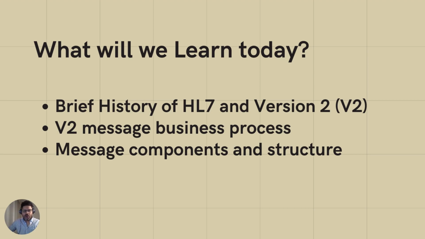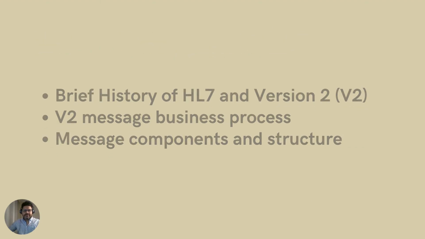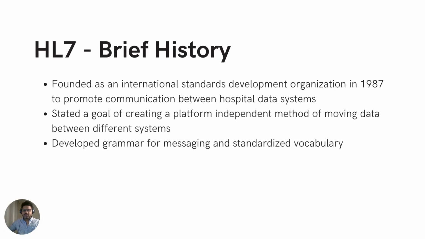So moving on. This is a bit of history about HL7. HL7, Health Level 7, is an international standards development organization that was established in the year 1987 to enable interoperability of healthcare information. From 1987 to this day, the organization and the standards they have produced have evolved, matured and been refined.